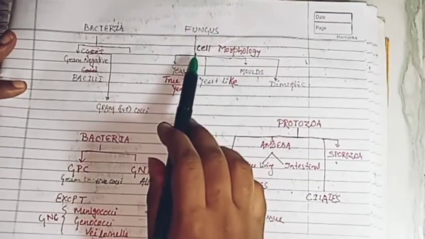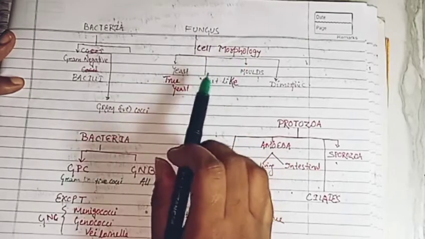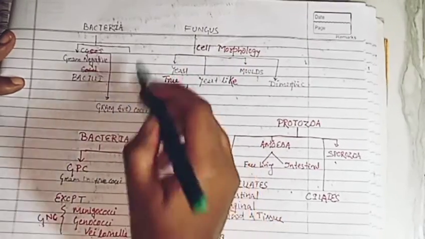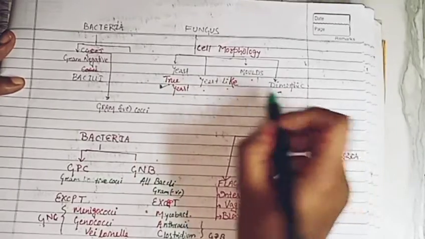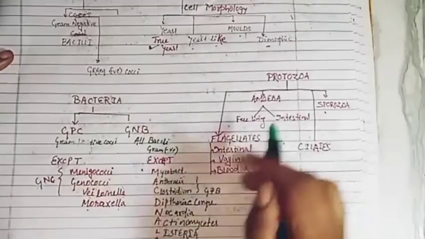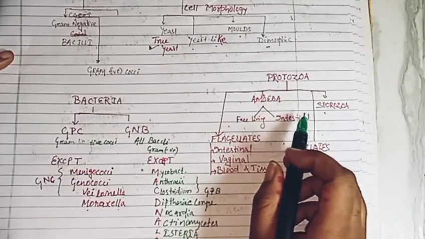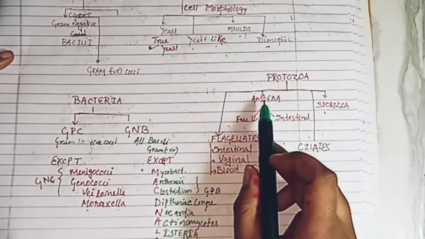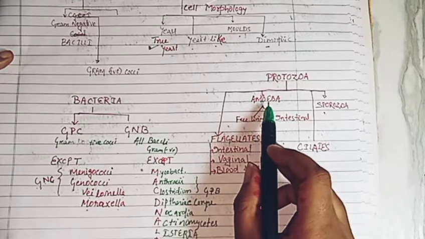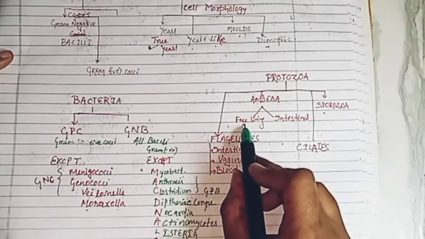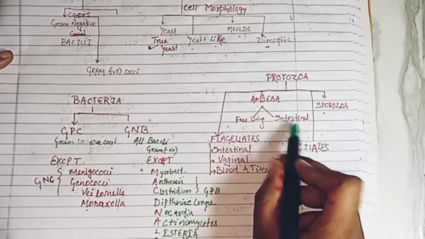Okay, then we go towards the fungus. Fungi are classified according to their cell morphology into four types. One is yeast, meaning true yeast, then yeast-like fungus, then molds and dimorphic. These are the fungus classifications. Then protozoa classification is according to their movement, that is amoeba. The amoebae are of two types, free living amoeba or intestinal amoeba.